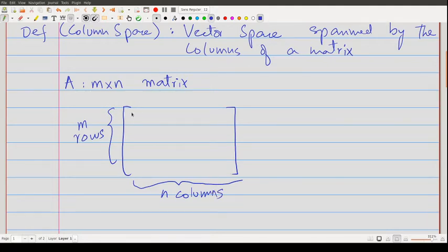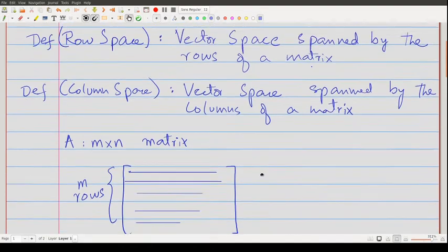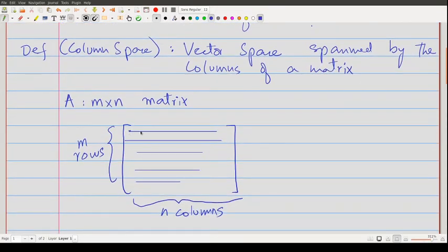Each row, let's suppose I take the first row, is A11, A12 up until A1n. If I consider this to be a vector, the first row is a vector, and the second row is another vector, A21, A22, dot, dot, dot, A2n, and so on. You will have m rows.